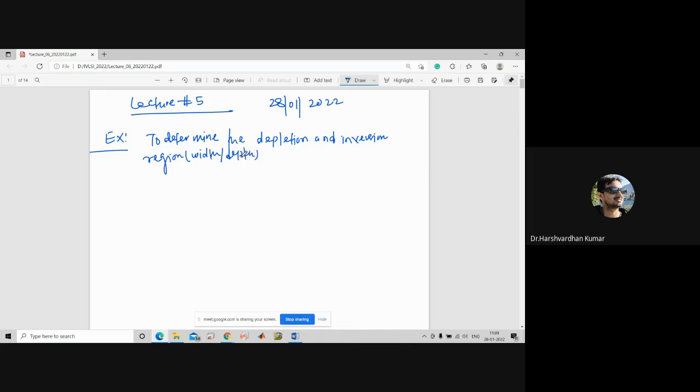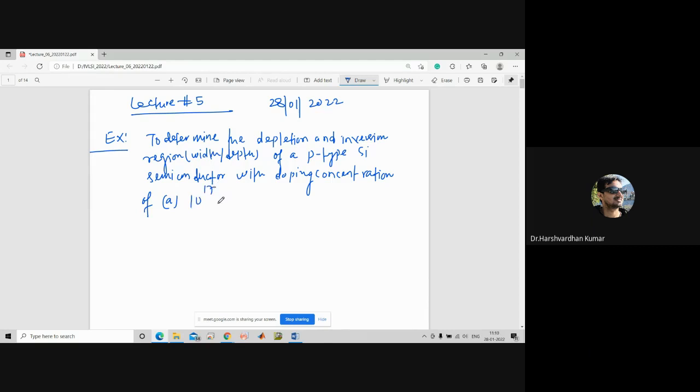To determine the depletion layer width or depth of a p-type silicon semiconductor with doping concentration of, let us say, 10 to the power 17.